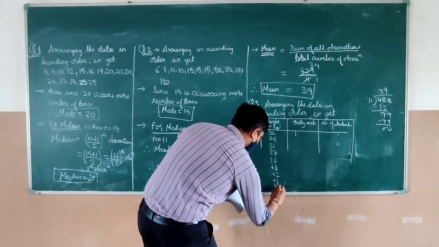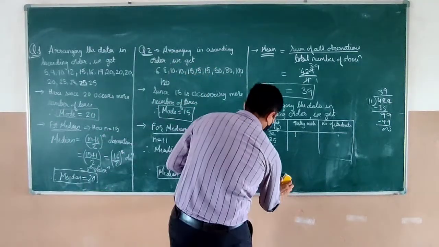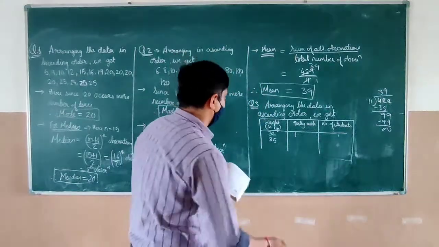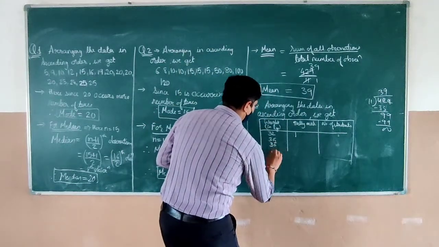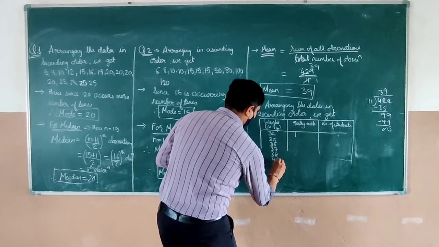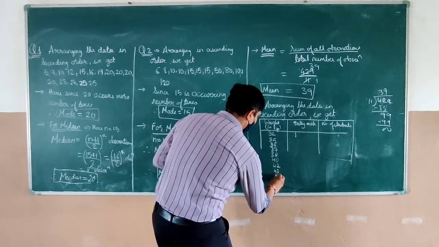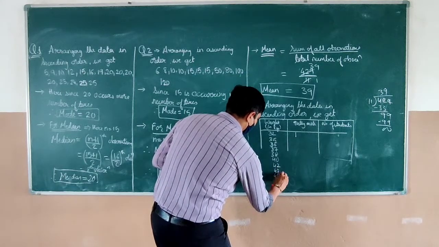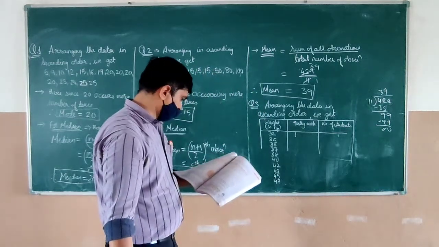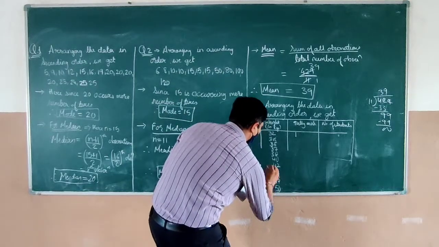For 50 I don't have space, so we will write congested. 36, 37, 38, 40, 42, 43, 45, 47, then 50 directly.